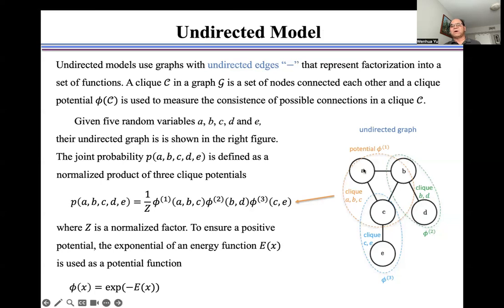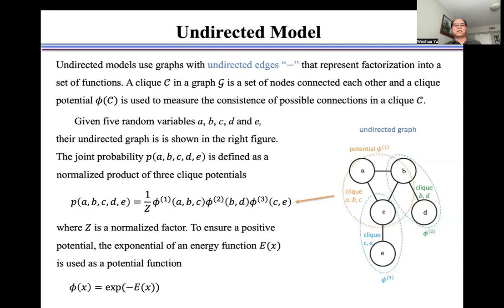For example, one clique includes A, B, and C. A clique potential phi is used to measure the consistency of a possible connection in a clique C. For example, we have a potential phi 1, a potential phi 2, and a potential phi 3.